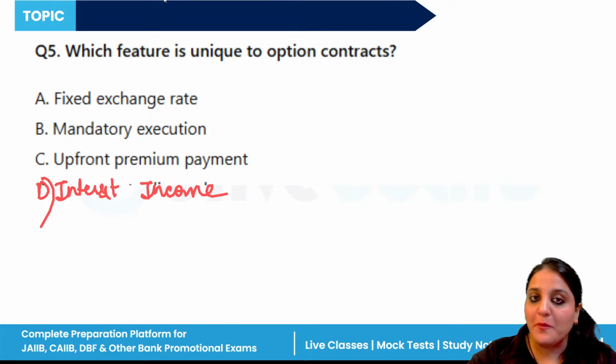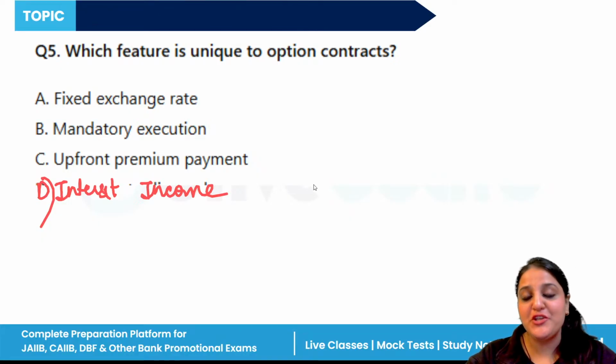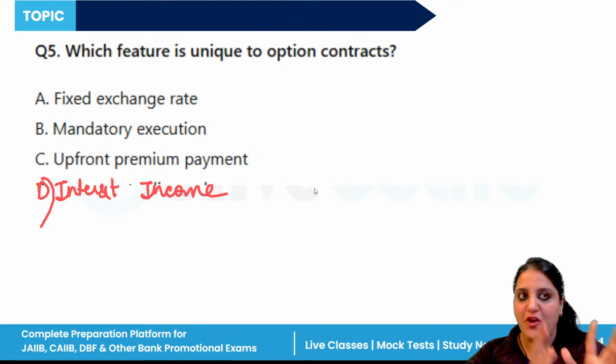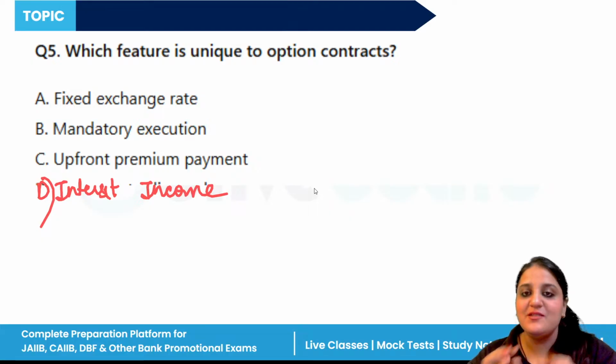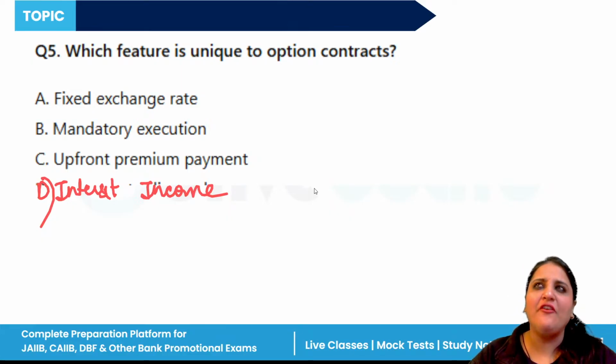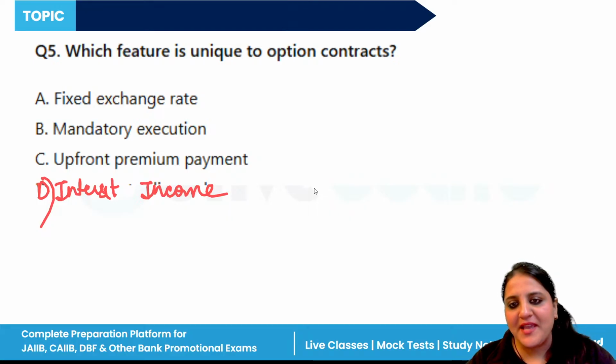So a call option is the right to buy, and a put option is the right to sell. Forward is mandatory, option is optional. In a forward there is no premium, in an option the premium is payable. In a forward there is a fixed rate, but in an option it is the better of strike or market price.